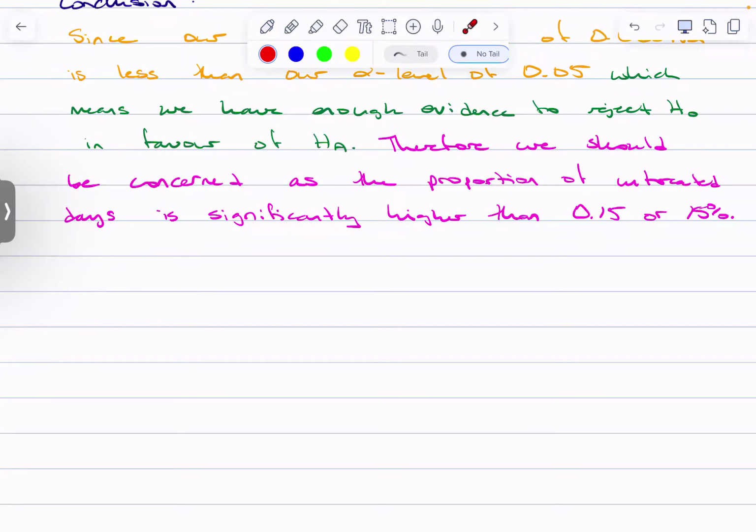Significantly because our p-value is small enough. Right? 0.197 is higher than 15, right? But here, the whole point of hypothesis testing is this significantly higher.